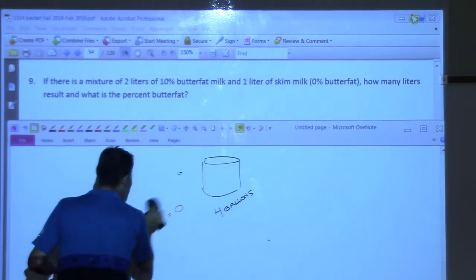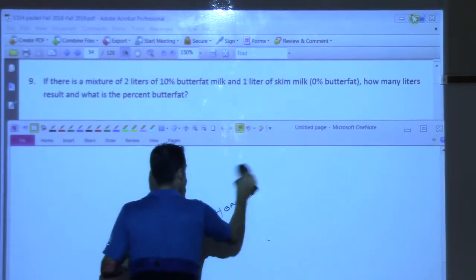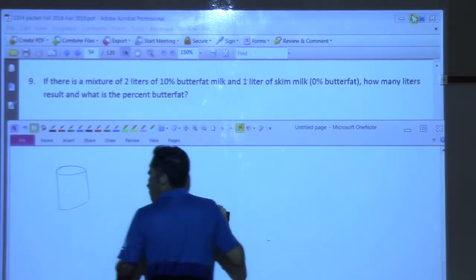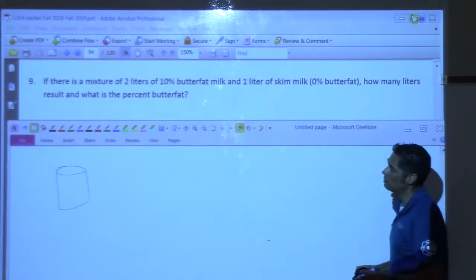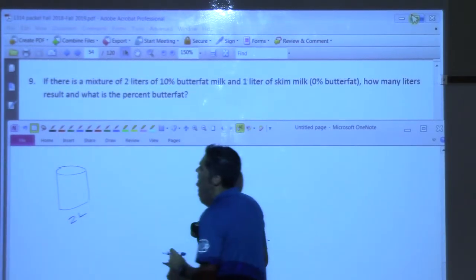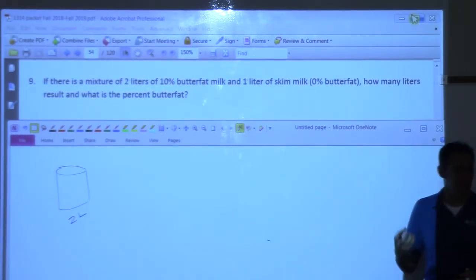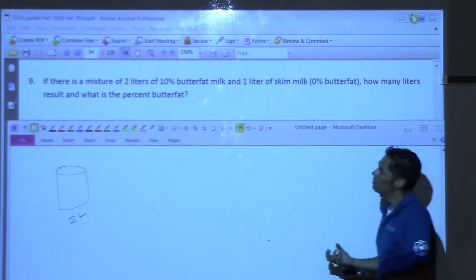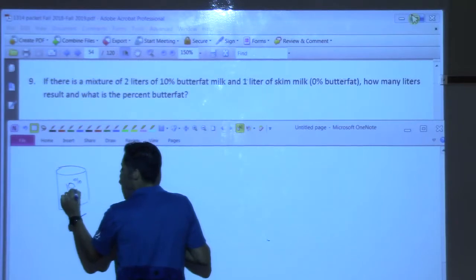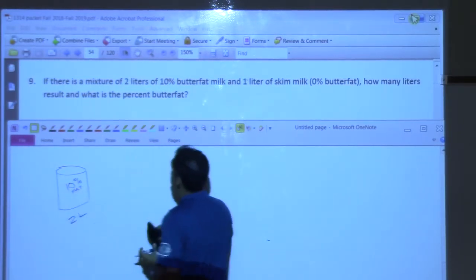So I'm going to do it exactly the same way I just did the previous one. Here's my first container. Okay, how much does it contain? How much is in there? 2 liters. So I'm going to put 2 L here, 2 liters. Okay, what is the concentration, the percentage in there? 10%, right? So 10% of this is, I'm just going to say fat for butterfat, okay?